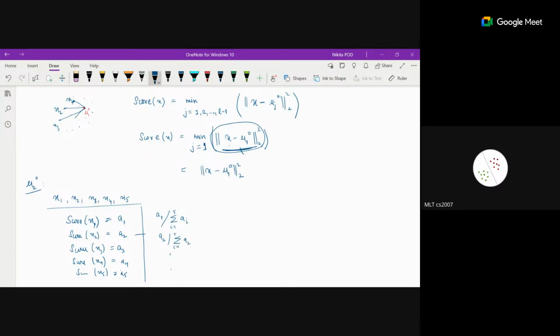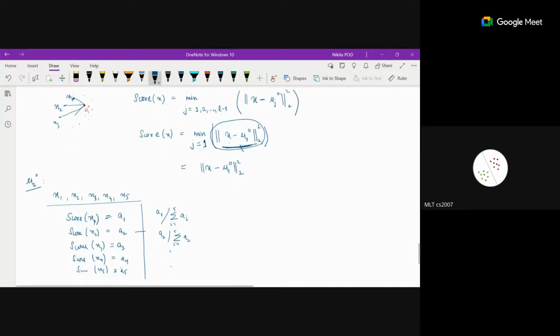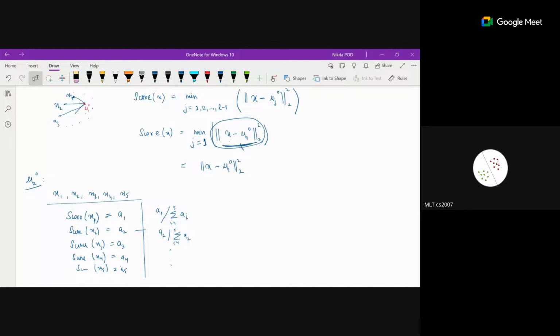This is how the probabilities are given for these data points. So our goal was to select mu2 in such a way that it is as far as possible with respect to mu1 naught, and this has been done probabilistically.